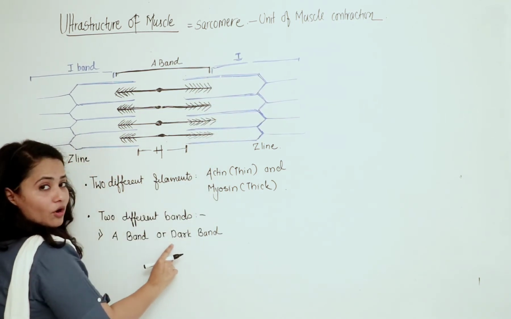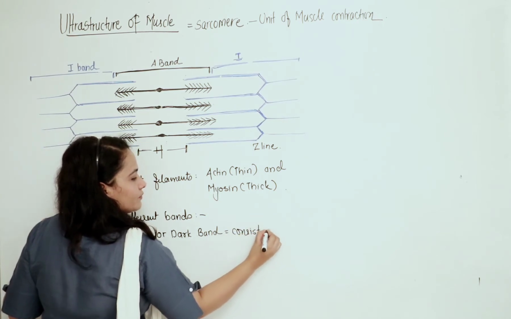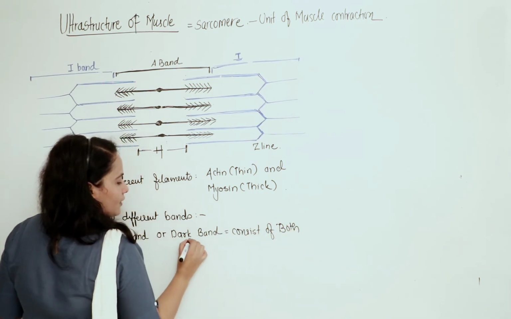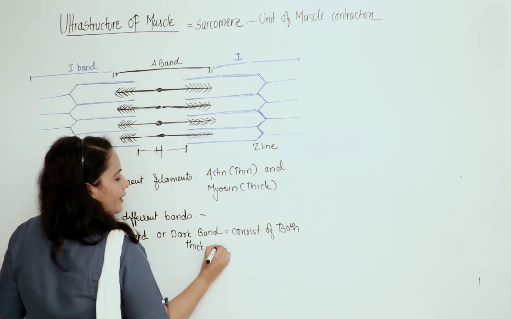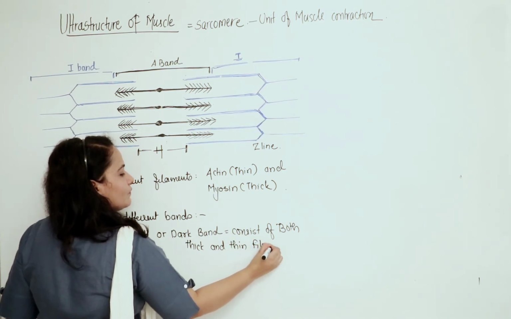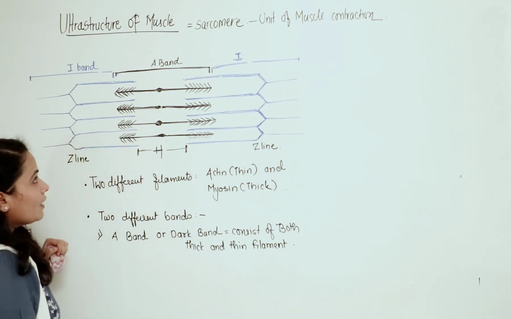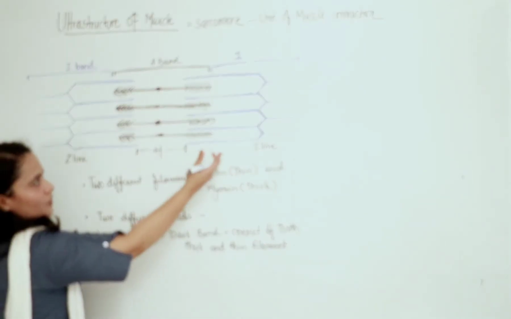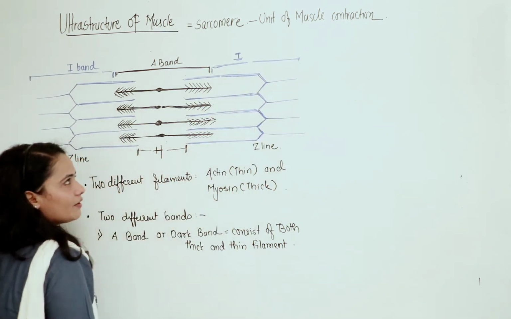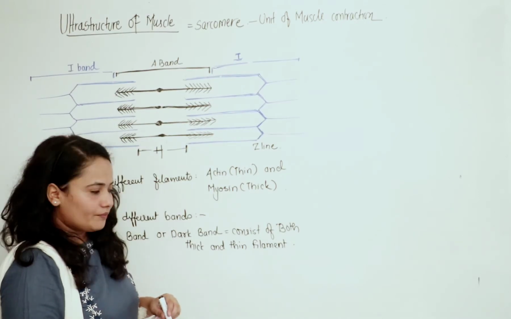So the A band, or the dark band, consists of both thick and thin filament. Whereas there is another band which is here, you can see this. This band is known as the I band, and it is comparatively lighter, so we call it the light band.